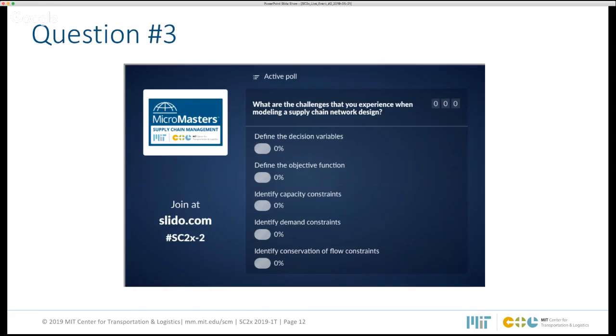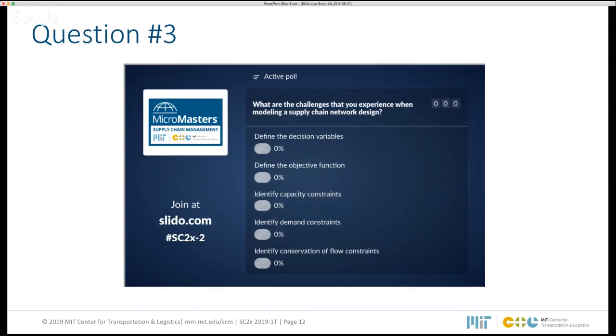Defining the decision variables, or maybe it's not clear how to define the objective function, or maybe it's related to some of the constraints: capacity, demand constraints, conservation of flow constraints, linking constraints, or the level of service constraints. We want to understand, and I will try to tailor the solution we present to address the main challenge that you have.